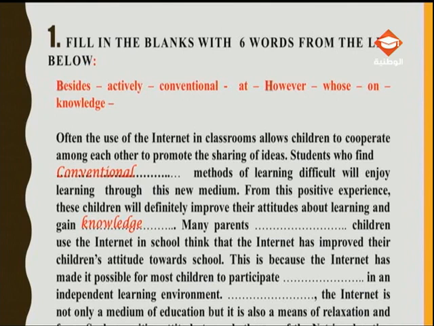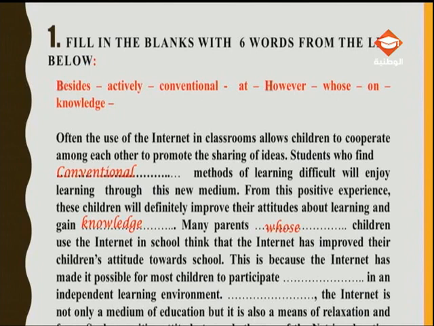The parents whose children use the internet in school think that. This is because the internet has made it possible for most children to participate in an independent learning environment. To participate in. Is my sentence correct? Yes.